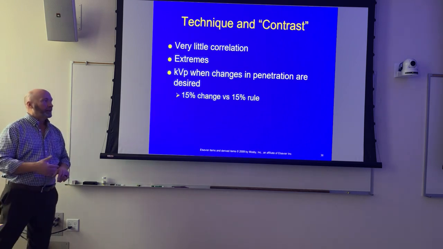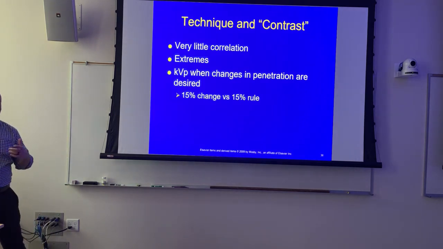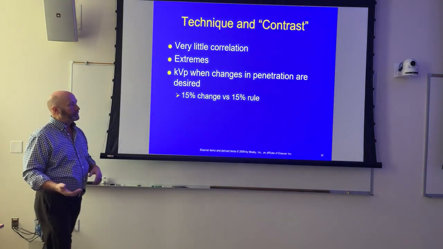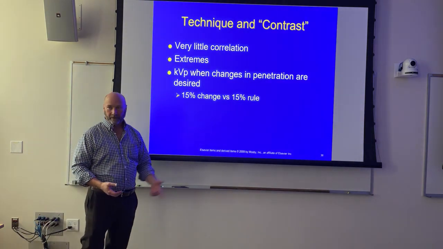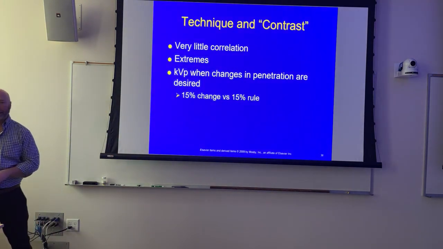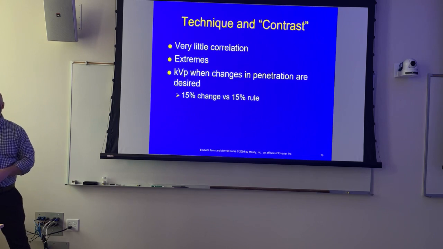I'll keep saying that KVP is probably going to play a bigger role in your technique formulation later on. Sooner or later you're going to be adjusting KVP much more than mass. KVP just doesn't have that effect on contrast anymore.